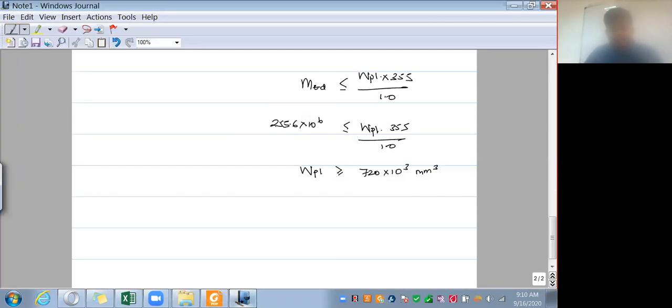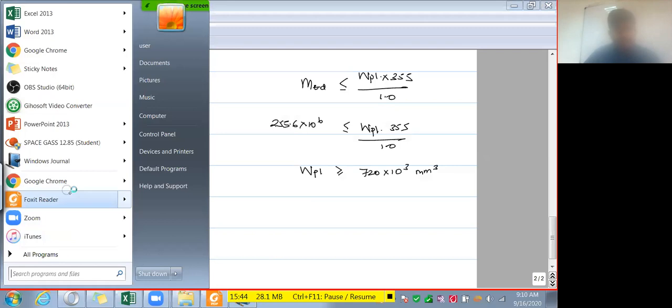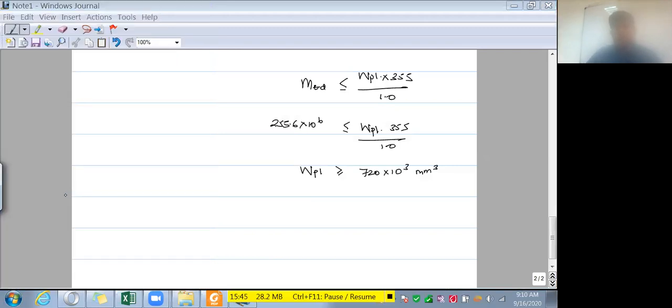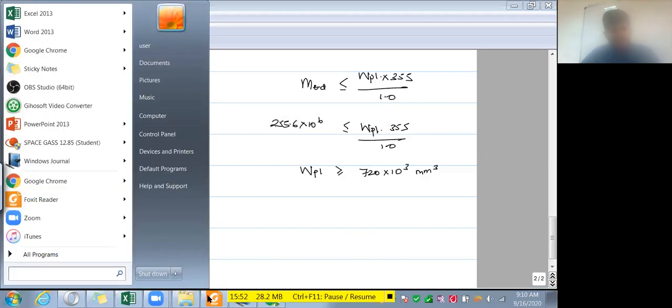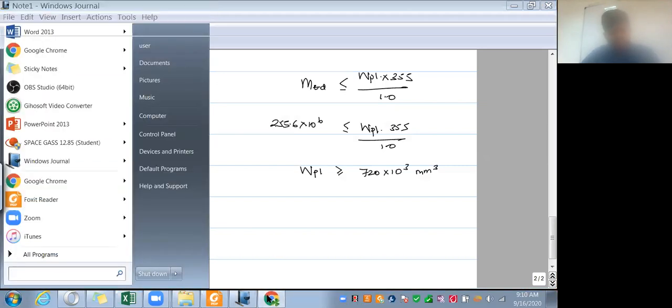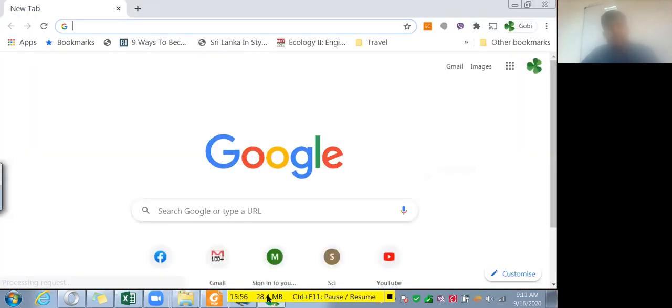So WPL should be greater than or equal to 720 into 10 to the 3. So now we need to find the section.